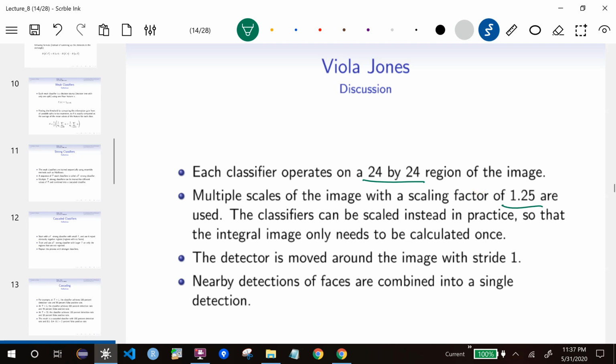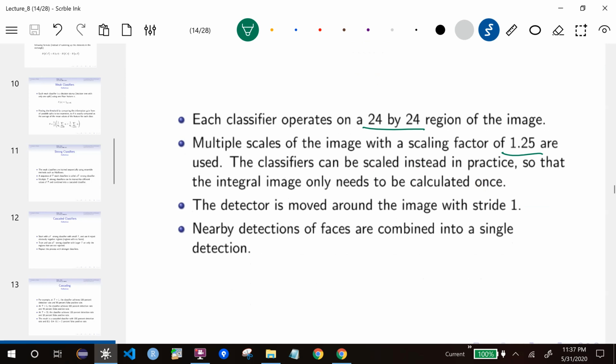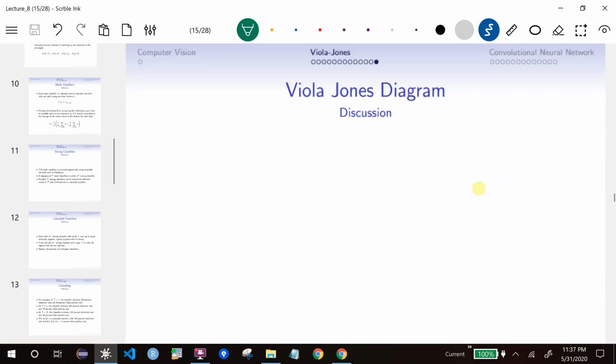These parameters are not that important. They are just calibrated so that it works for this special task on real-life images. So I will not spend time on these, but one thing I do want to talk about is the stride and this multiple detection problem.